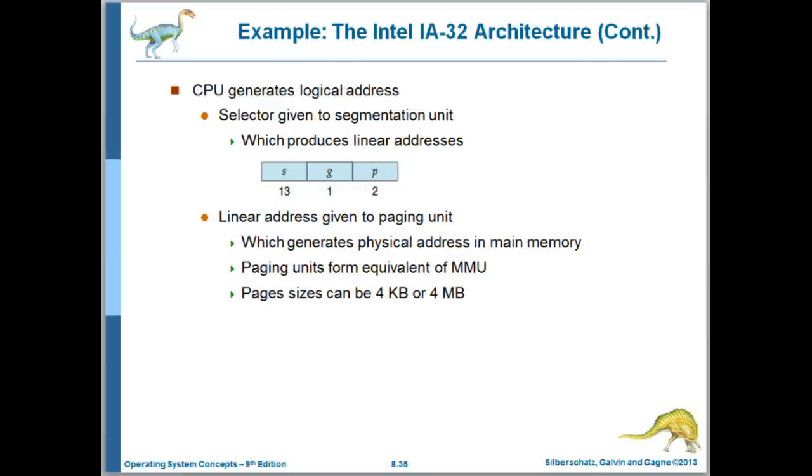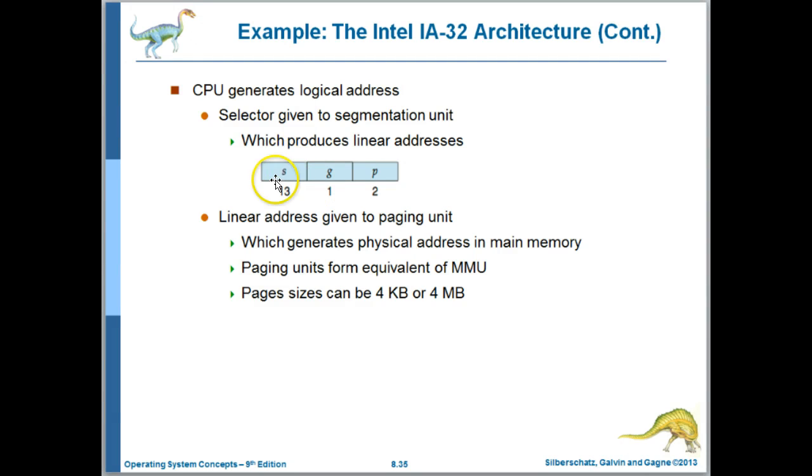So remember, with segmented addressing, an address is an ordered pair consisting of a segment number and a segment offset. With x86, the segment number is broken into fields. The 2-bit P field is protection. G here is used for referencing the global descriptor table if G is 1, or the local descriptor table if G is 0.